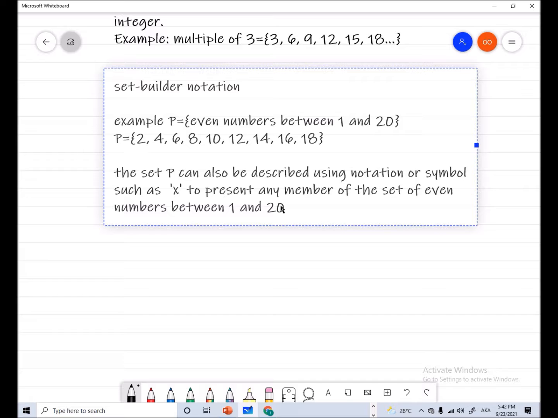Let's see how we can write set P as follows.